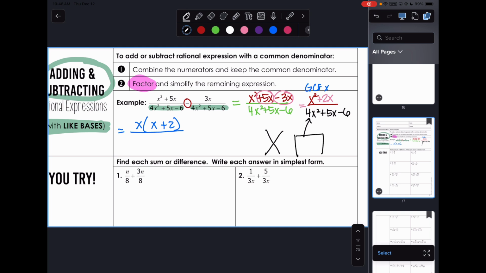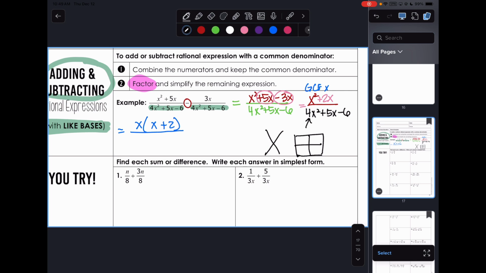Is the a 1 or is it something other than 1? It's other than 1, so you have to use the box. There are some people in here that have gotten kind of lazy about using the box because a has been 1 most of the time. But if you don't use the box with your a that is not equal to 1, you're going to have the wrong factors, okay? So make sure you finish off with using the factors, okay?